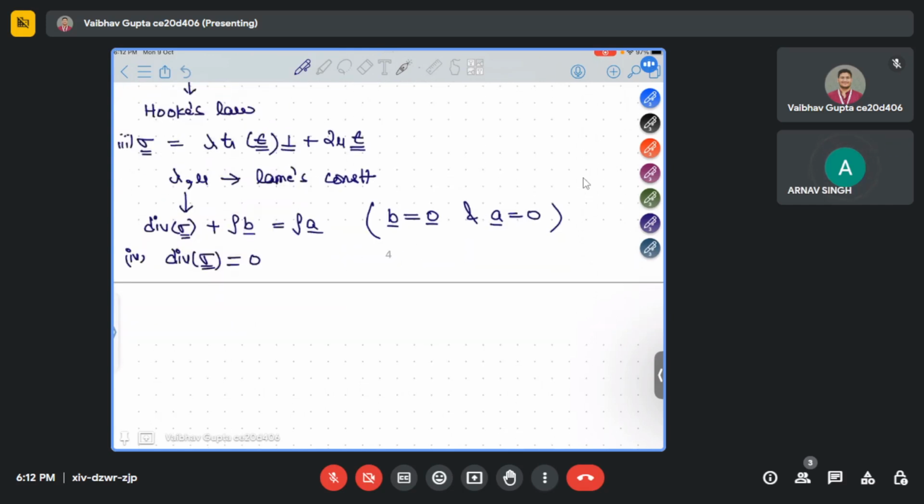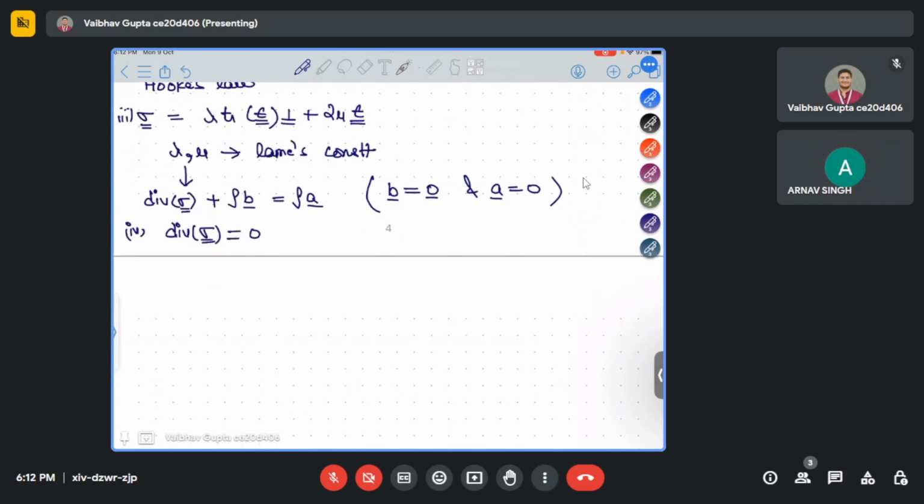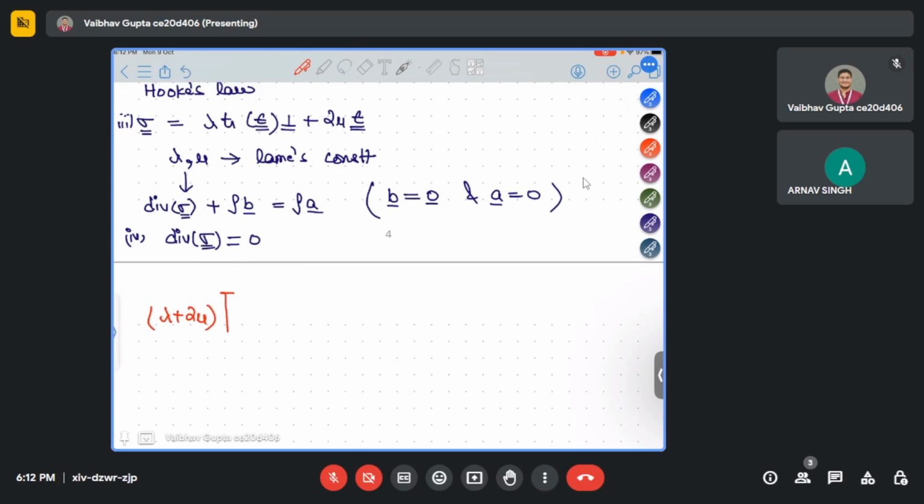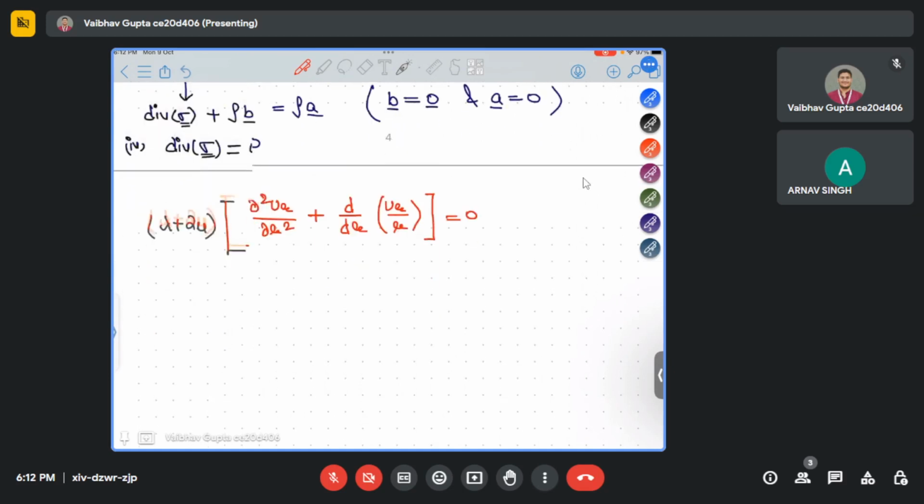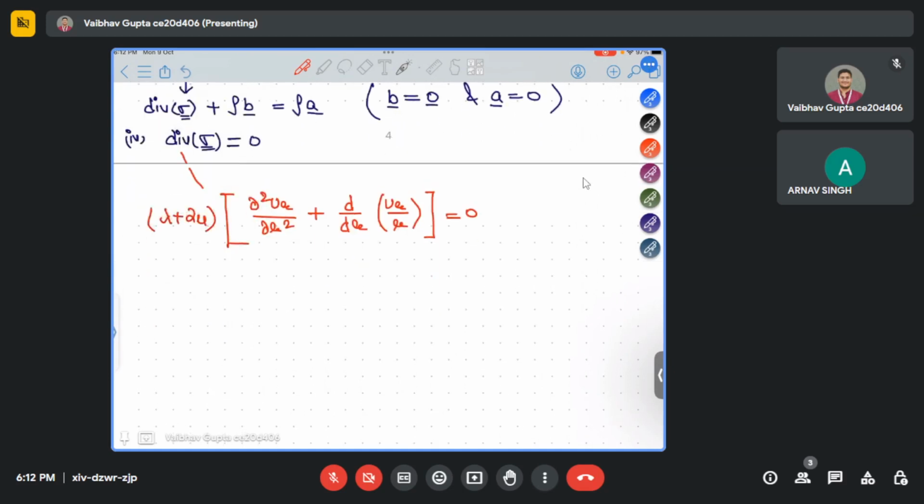After doing this, you will get a formula which says (lambda plus 2 mu) times d2ur by dr square plus d by dr of ur by r equal to 0. You get this formula after putting divergence of sigma equal to 0.